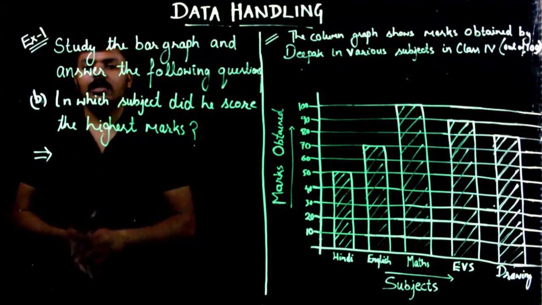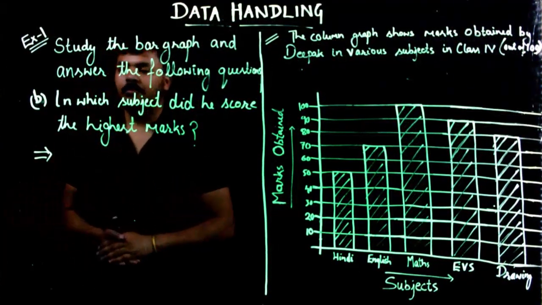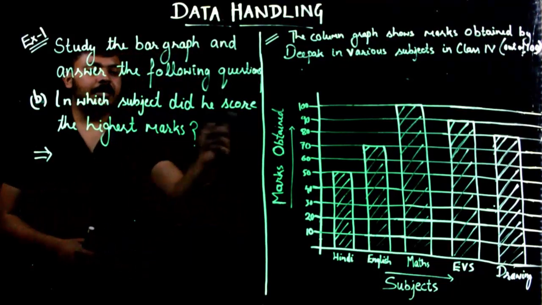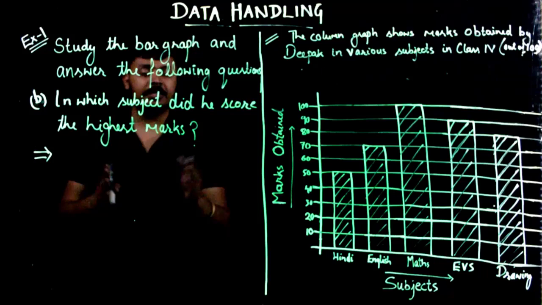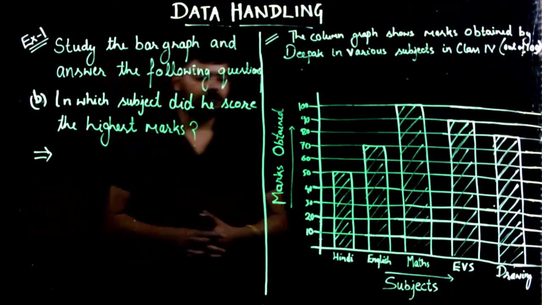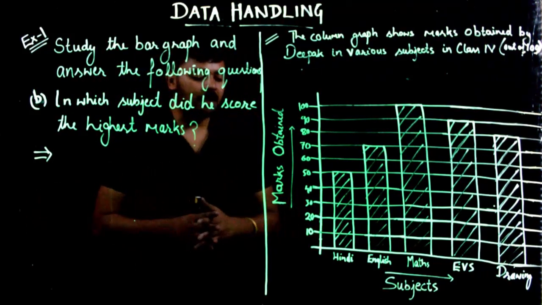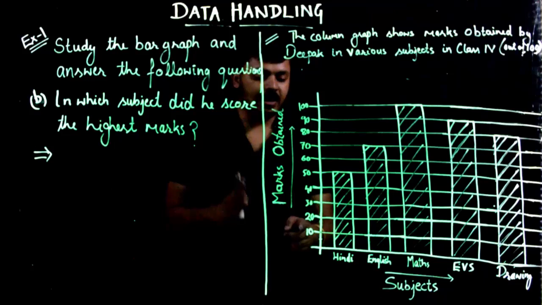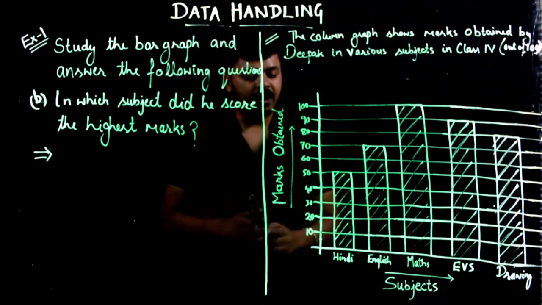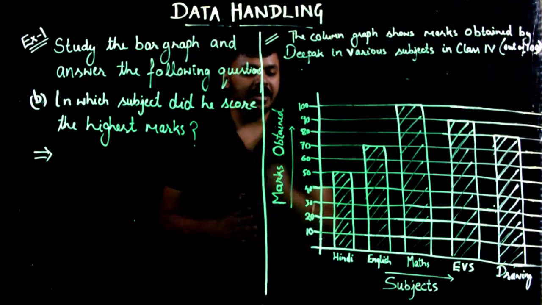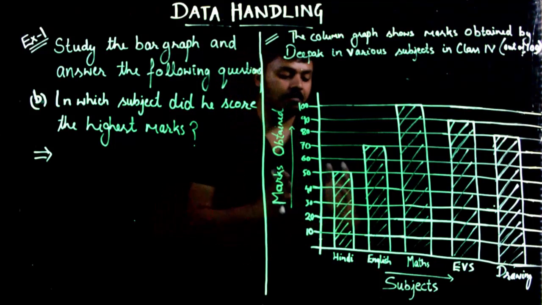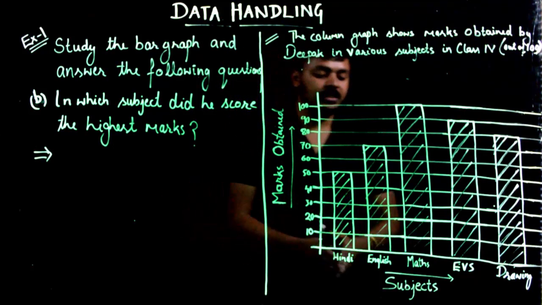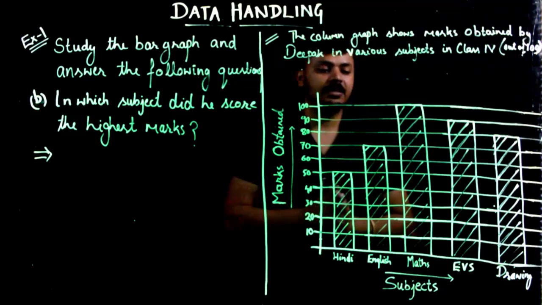So students, let's look at part B of example 1. In which subject did he score the highest marks? So we have to find in which subject did Deepak score the highest marks. To find the highest marks, as we can see on our left hand side, that is in the y-axis, we have marks obtained, and as we move up the marks increase, so the marks would be highest with the subject having the highest bar.